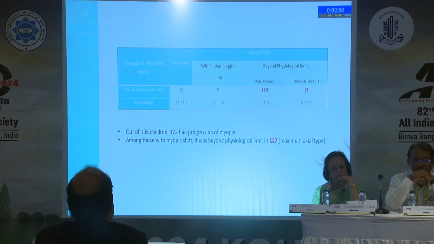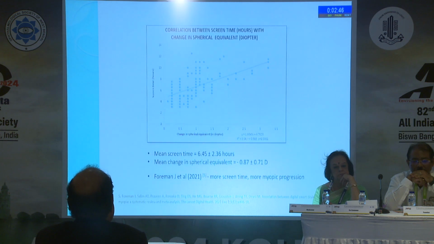In our study, it was found that out of a total of 196 children, 172 had progression of myopia. Among these 172 with myopic shift, it was beyond physiological limit in 127, with maximum being axial type of myopia. The mean screen time was 6.45 hours. The mean change in spherical equivalent was minus 0.87 diopter, and the two showed a positive correlation with the R value of 0.58.